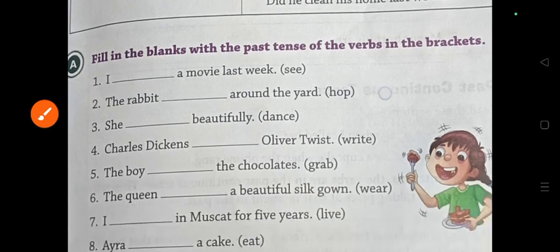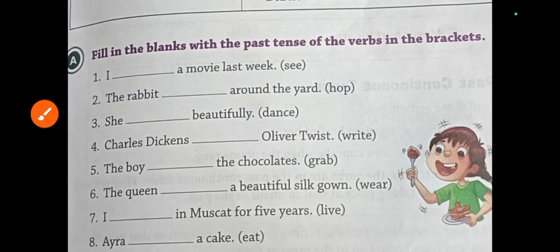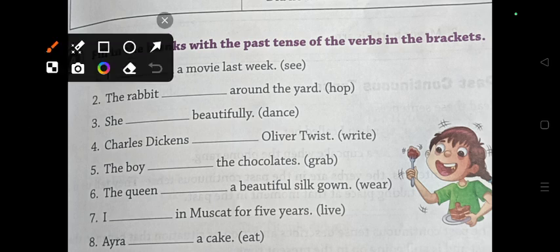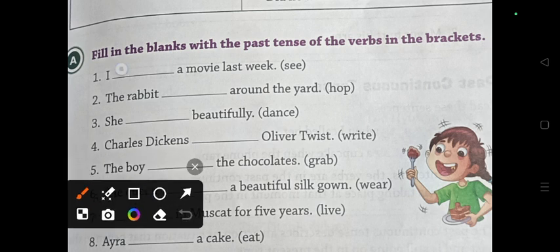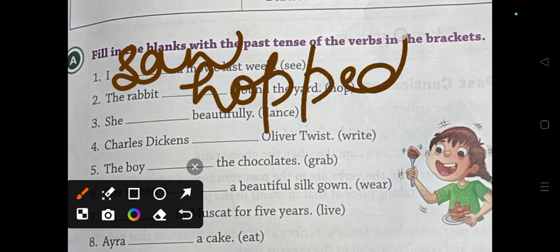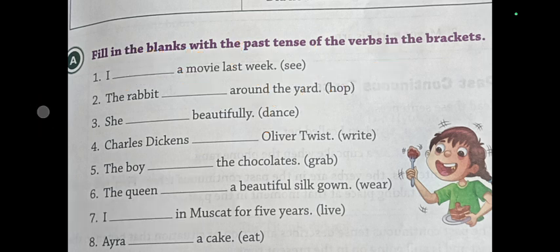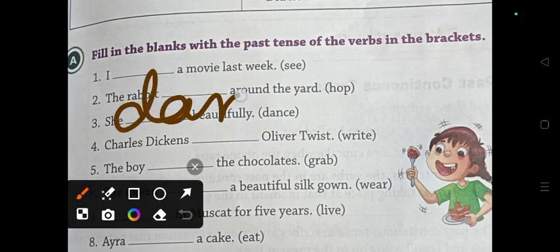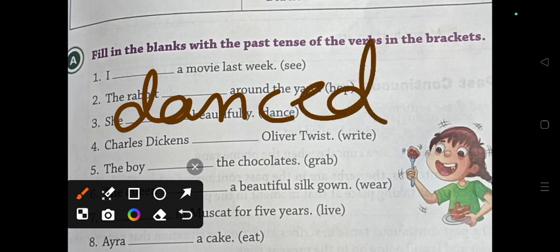Okay. Now fill in the blanks with the past tense of the verbs in the bracket. So past tense means second form of the verb. So you can write here, I saw a movie last week. Next, the rabbit hopped around the yard. She danced beautifully. Charles Dickens wrote.